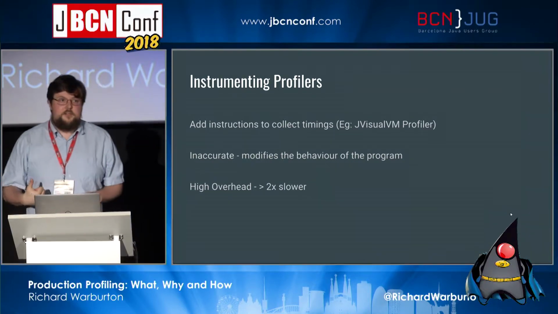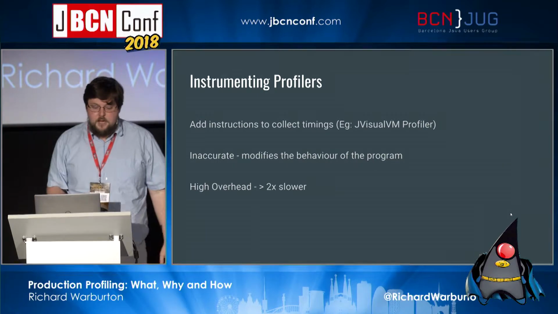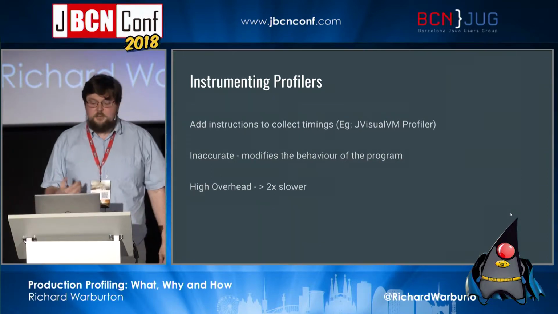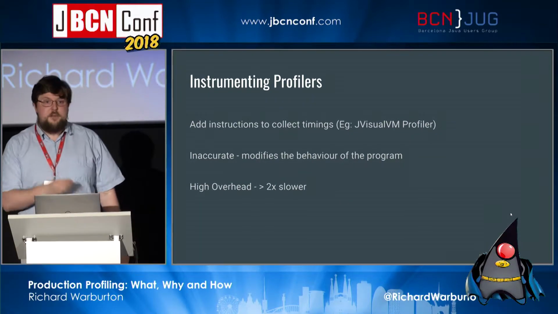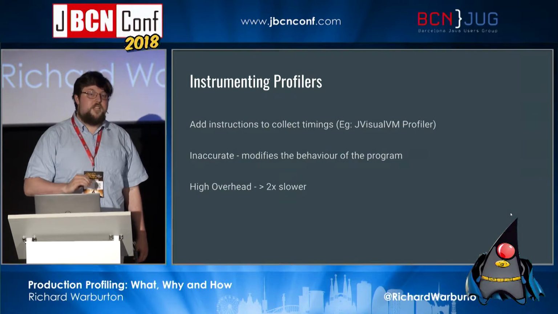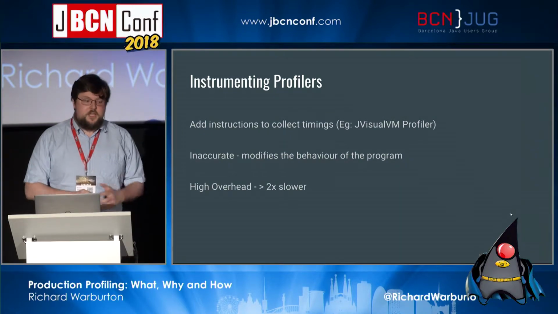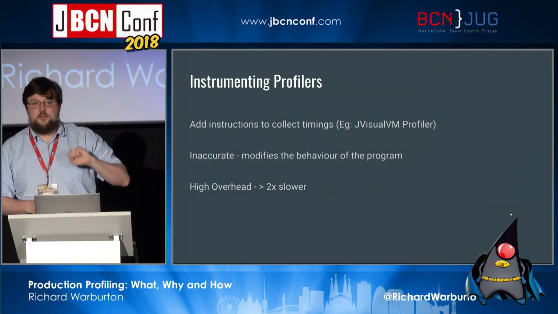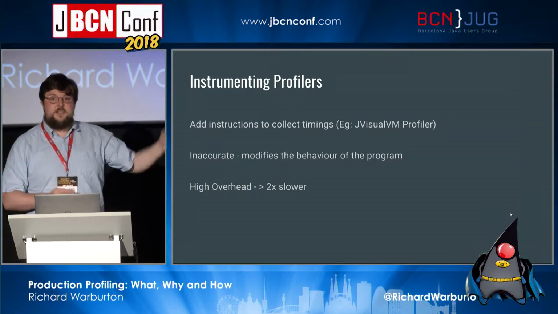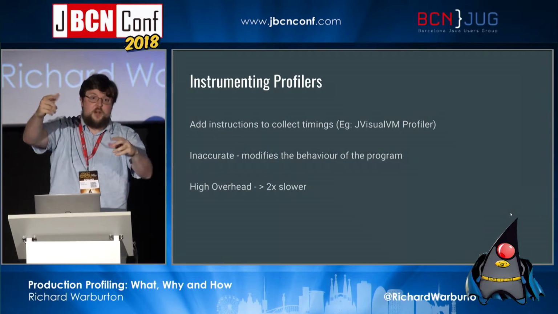Now, you might think instrumenting profilers are pretty accurate because they measure all the different points in the program, but actually they tend to be quite inaccurate. The reason is that they modify the behavior of the program, not just by adding a little bit of instrumentation, like smart APM tools do, but by instrumenting everything. If you think about a basic Java getter or setter method that's just reading a value out of a field and returning it, that's a really cheap operation compared to calculating the amount of time that operation takes.